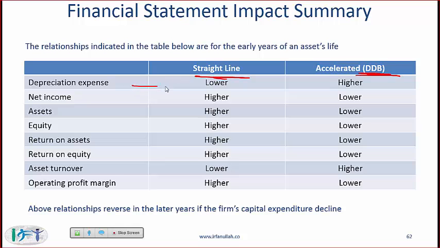Obviously, a company using straight line depreciation will have lower depreciation expense in the early years. The accelerated depreciation company will have a higher depreciation. The rest of these items are evident as long as you understand the first one. If you are watching this video, make sure you pause it and understand the rest of the items.